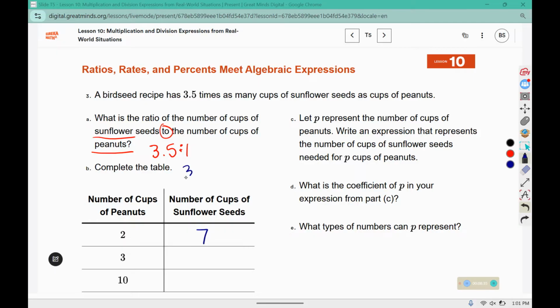If we tripled it to get 3 cups of peanuts, we would multiply 3.5 by 3, which would be 10.5. And if we wanted 10 cups of peanuts, we would multiply by 10, and 3.5 times 10 would be 35 cups of sunflower seeds.